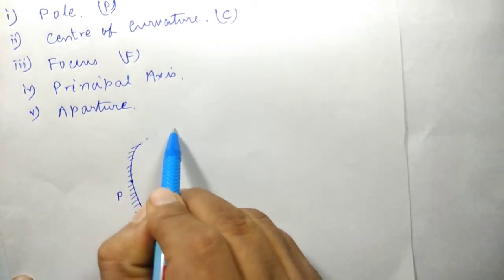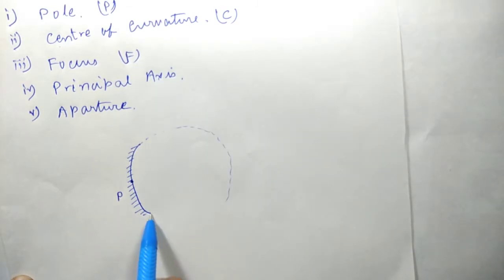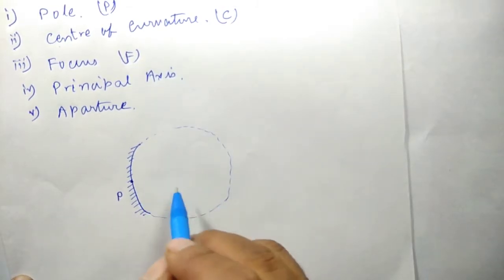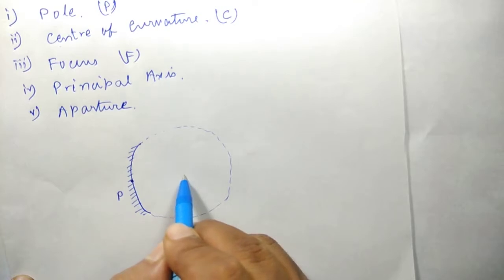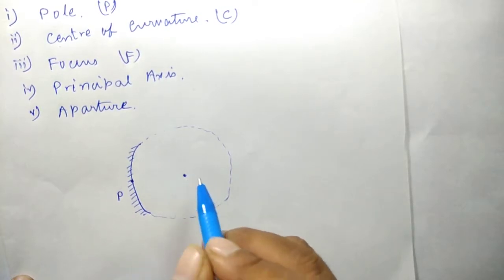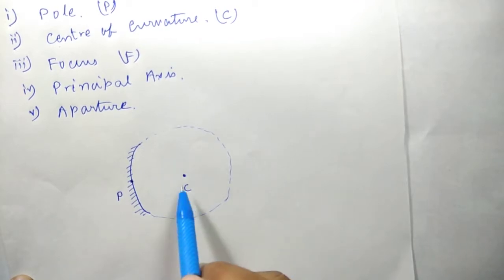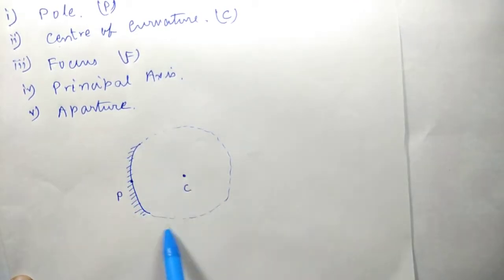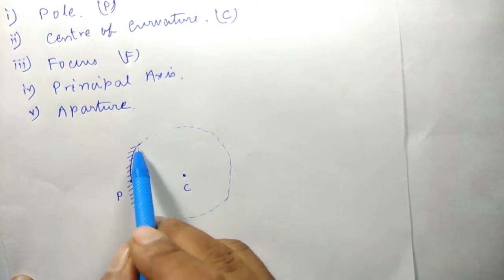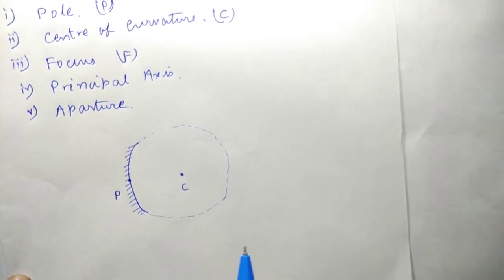Now, because it's a part of a sphere, that sphere must have a center. Let's say somewhere here, which is denoted as C. So this center is called the center of the sphere, or the center of the curvature.